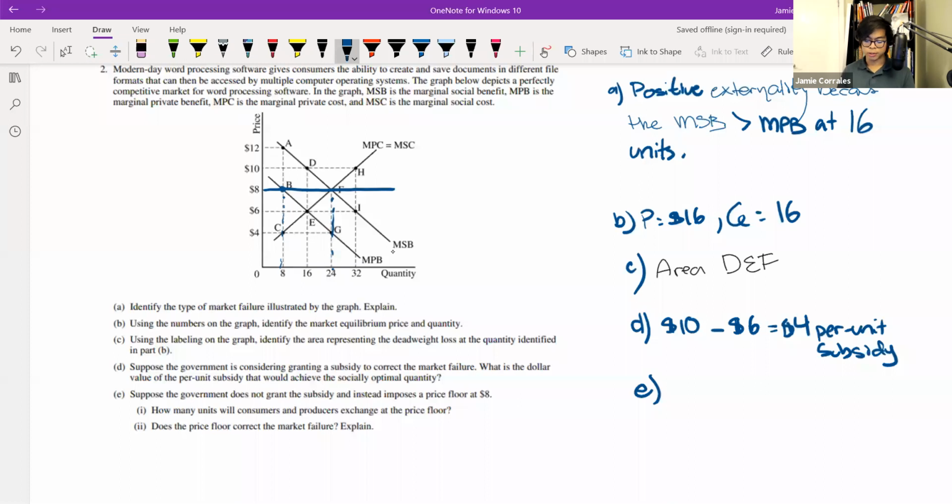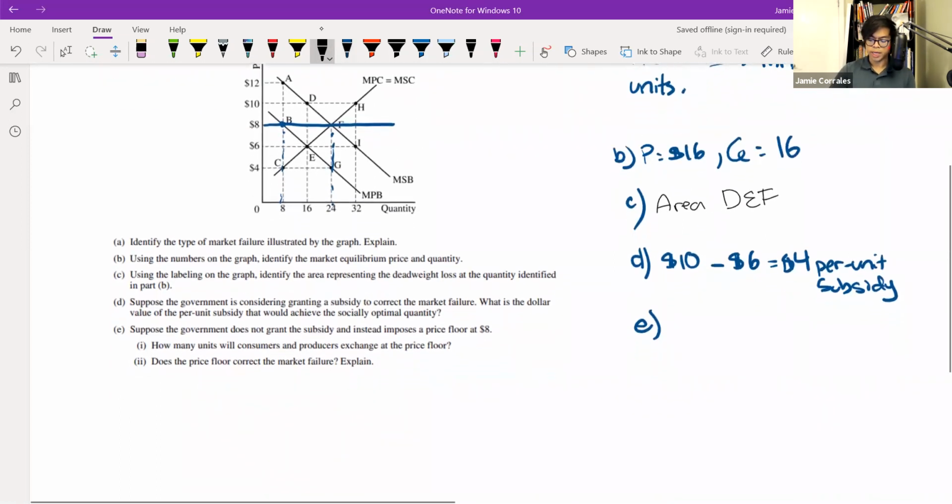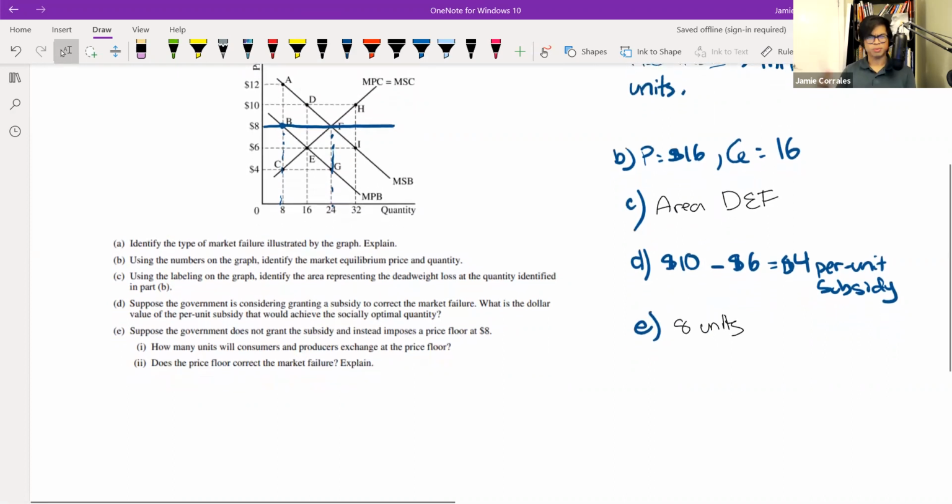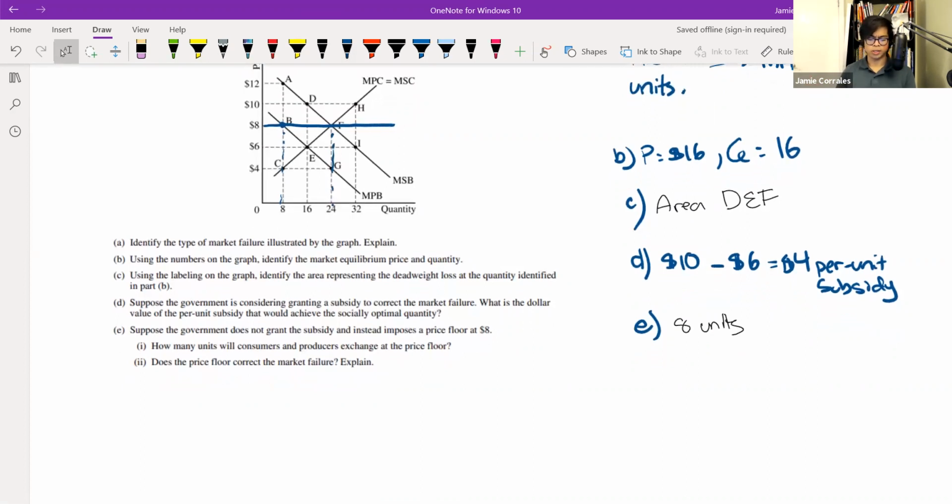So how many units will consumers and producers exchange at this price? Well, only 8 units, because that's what consumers want. They're not willing to pay anything higher. The price is too high. So that's part I.